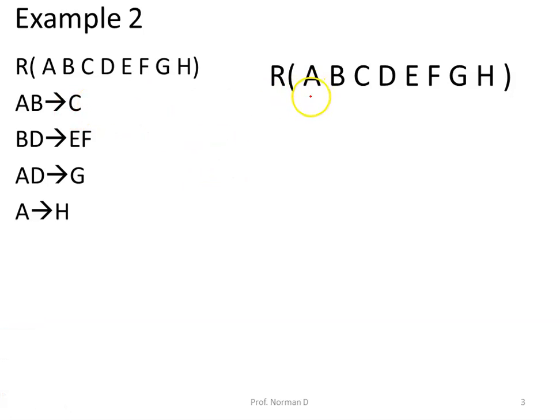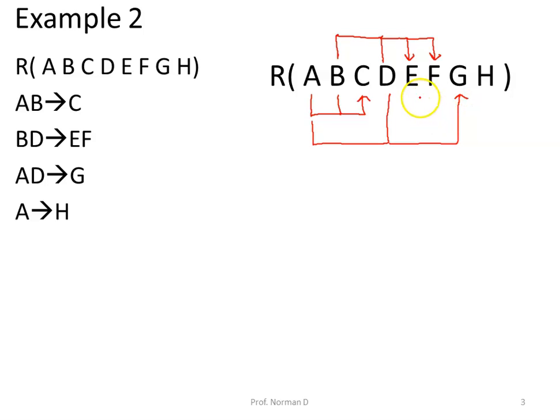So AB gives you C, BD gives EH, B and D give E and H, AD gives G, and A determines H.